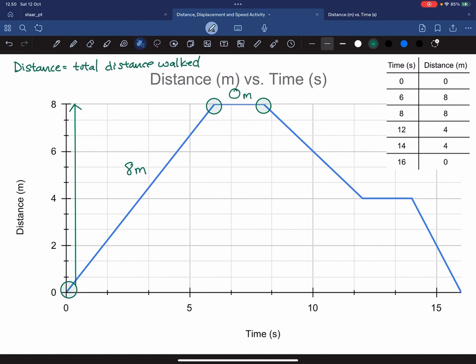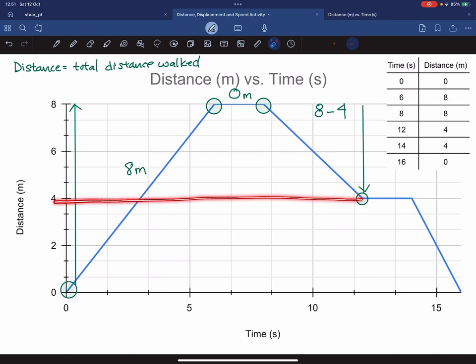Then the next one, you're going to go from 8 back to 4, right? So you start at 8, you subtract 4, right there. That means that you will have walked 4 meters in that time right there.